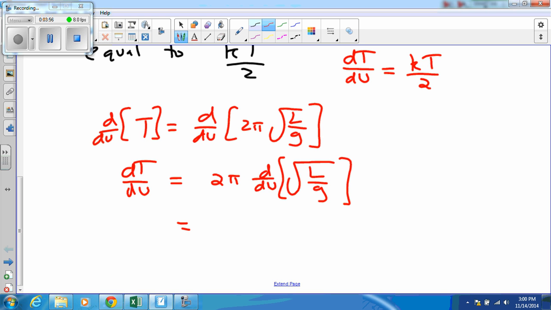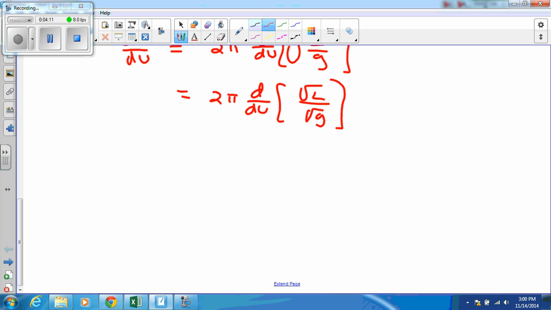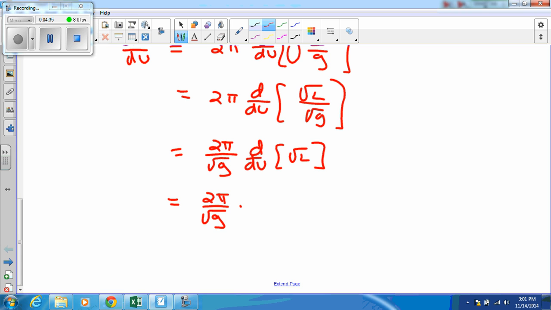And if we do a little bit of algebra, then we can see that root L over g is the same as root L divided by root g. And root g is just a constant. g, the acceleration due to gravity, the square root of that is going to be somewhere around 3.1. So I can once again use the constant multiple rule to pull root g to the outside, and I'm left with simply d/dU of root L. And that's not too bad.